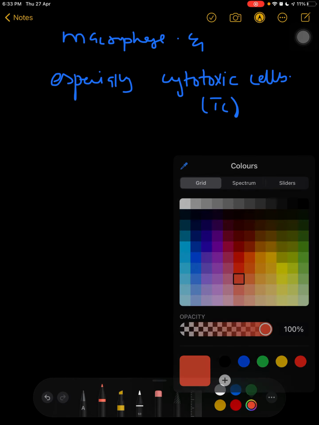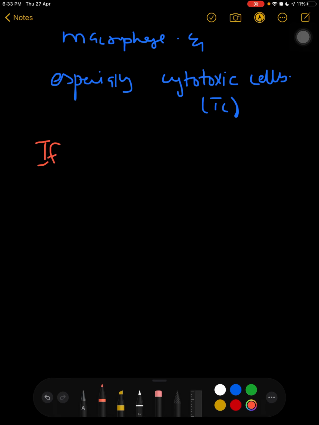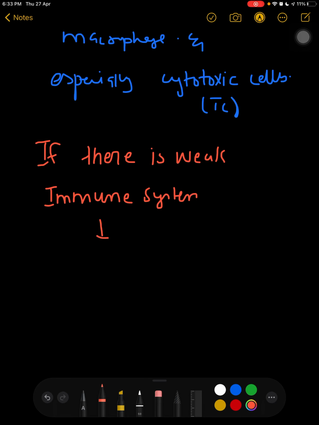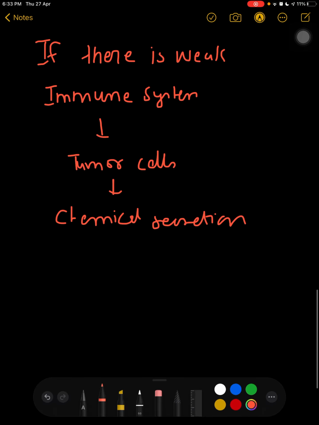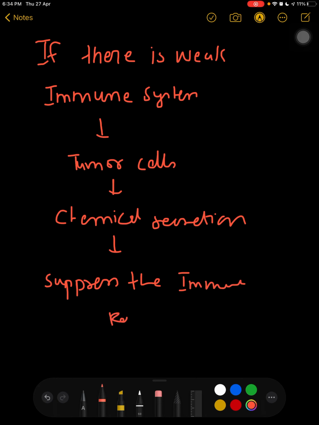If the person's immune system is quite weak, these tumor cells will send a chemical secretion to the immune system in order to suppress the immune response.